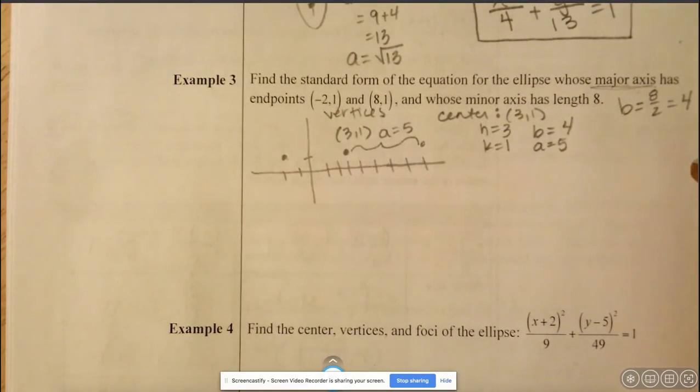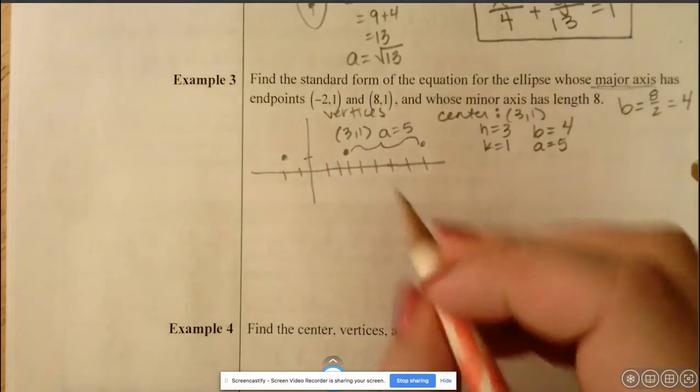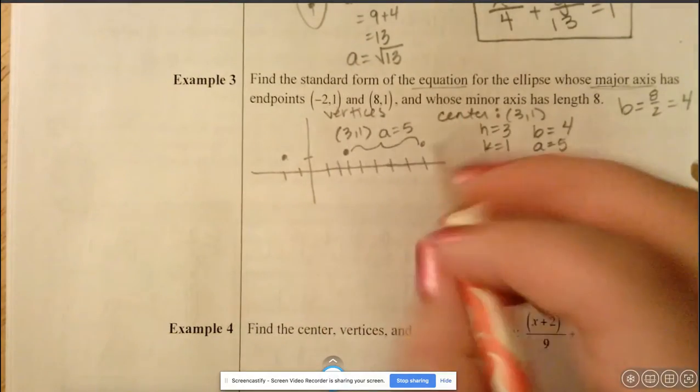So what are we missing? We're missing C. Now, we do need C in order to find the foci, and we do need C in order to have the complete information for this ellipse. However, all we're looking for is the standard form of the equation, and we don't need C for that. So at this point, you can find C, but you don't have to. So we're going to go ahead and find our equation.